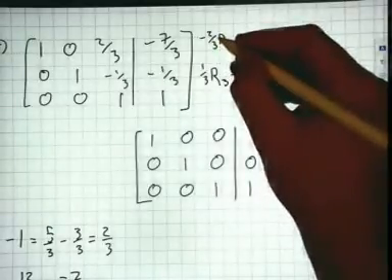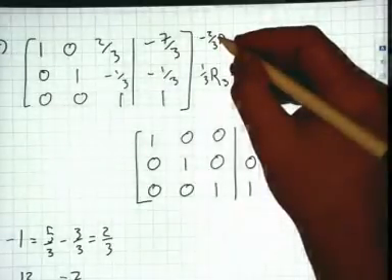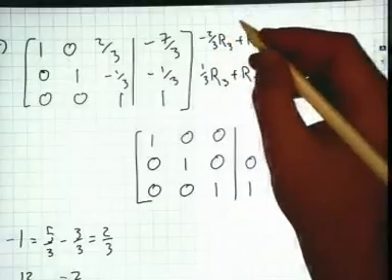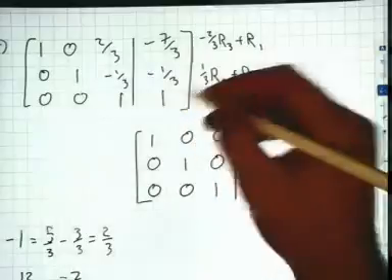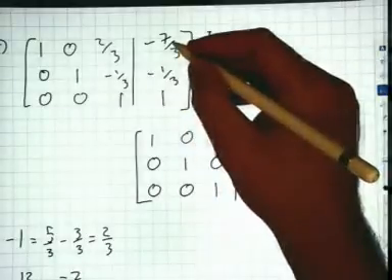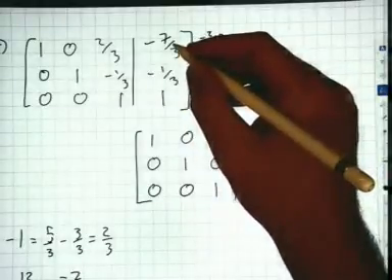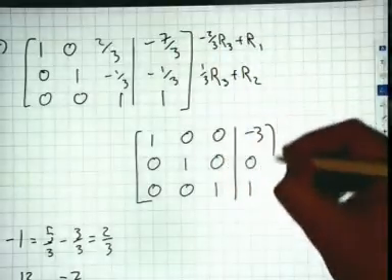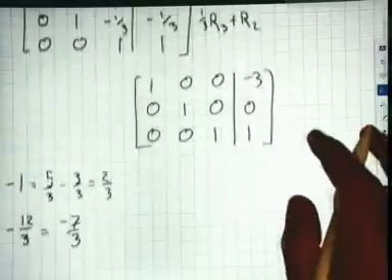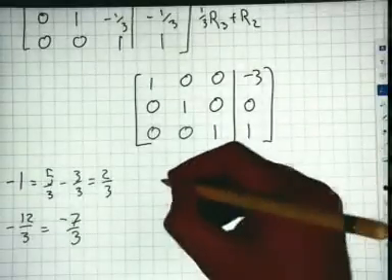Alright, 2/3 times 1 is going to be a negative 2/3. Added to negative 7/3 is going to be a negative 9/3. Negative 9 divided by 3 is a negative 3. That leads us to the solution. Hopefully we did everything right.